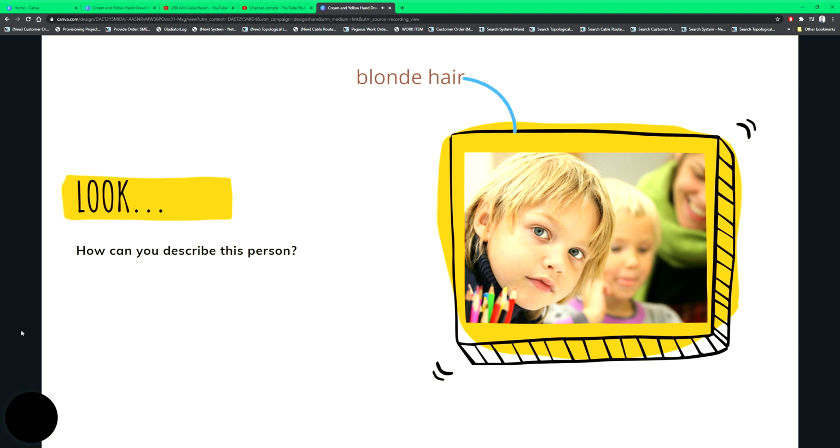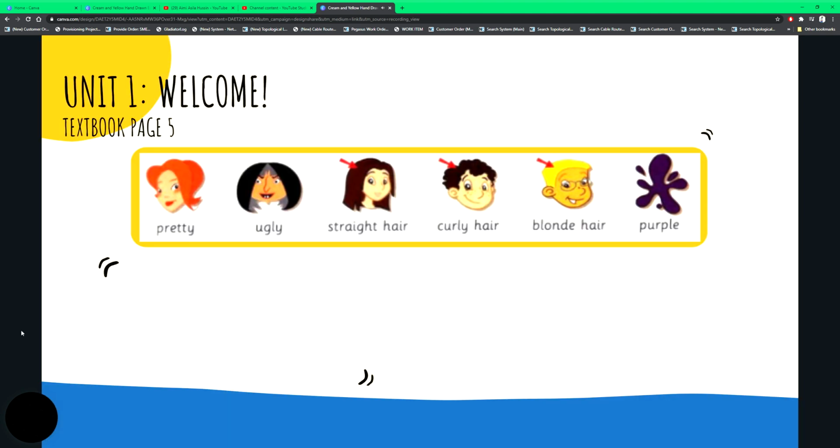What about his eyes? So he has got gray eyes. Now I hope you understand these vocabularies. These are the words that you are going to use throughout this topic.